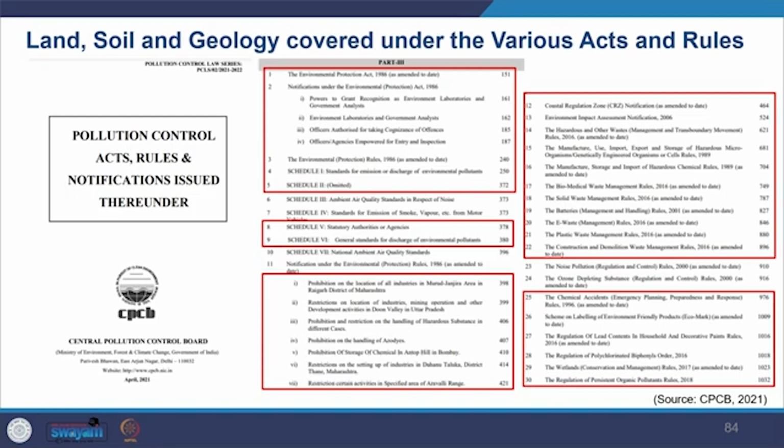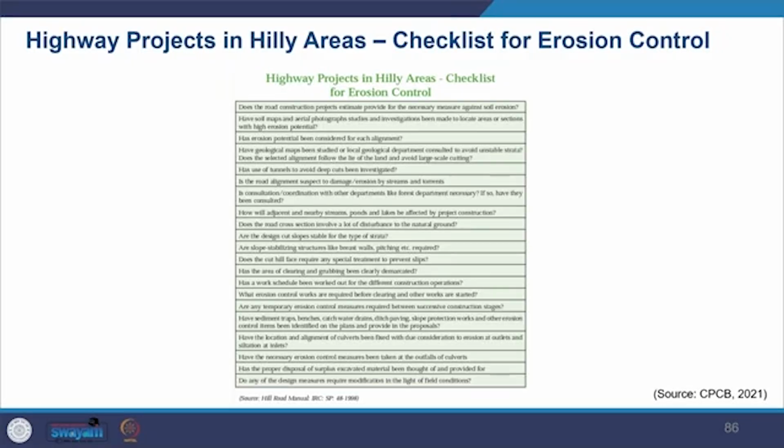in the Indian context. In the report, Environmental Impact Assessment Guidance Manual, Ministry of Environment and Forests, Government of India, you see that under the highway section for protection of land and soil, they have mentioned the checklist for erosion control for highways. So what all things you need to take care of.